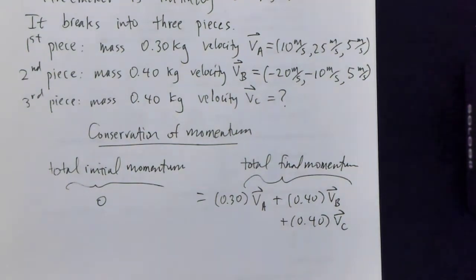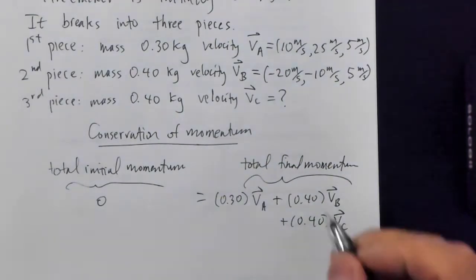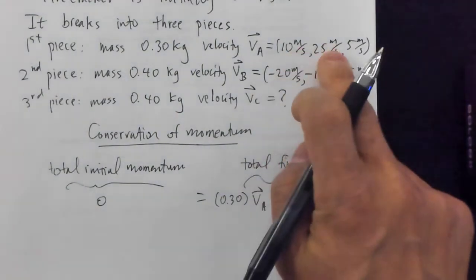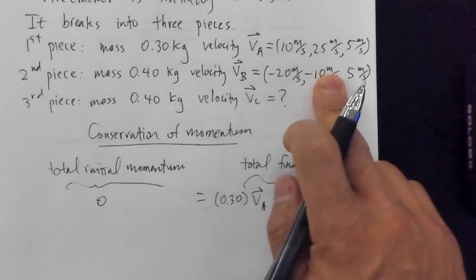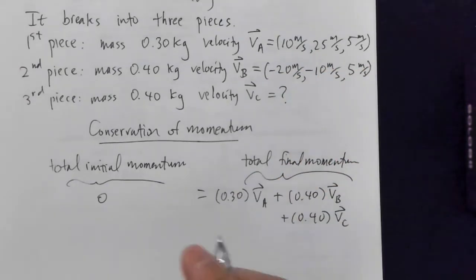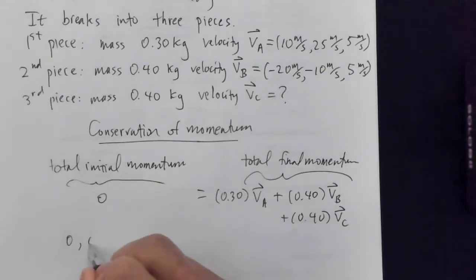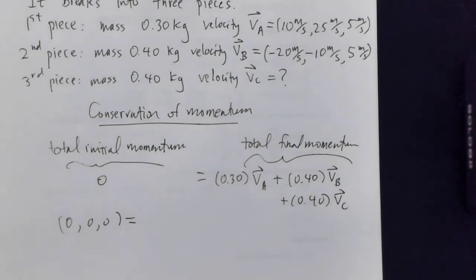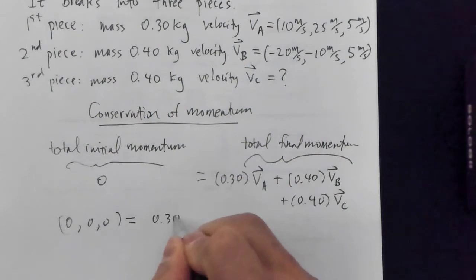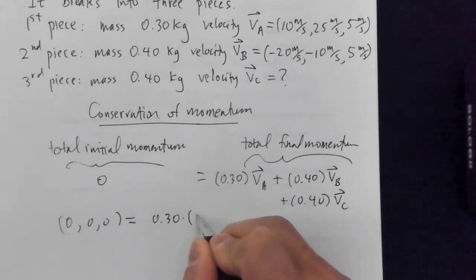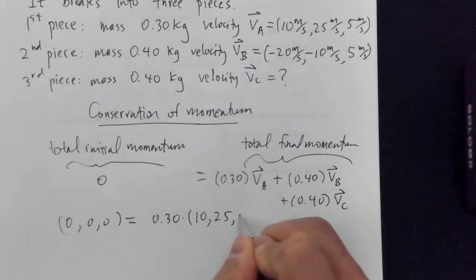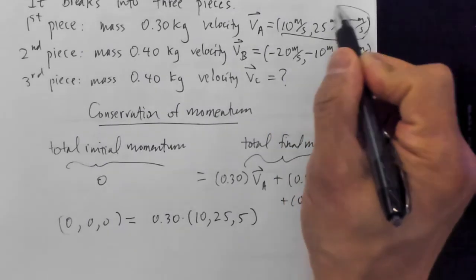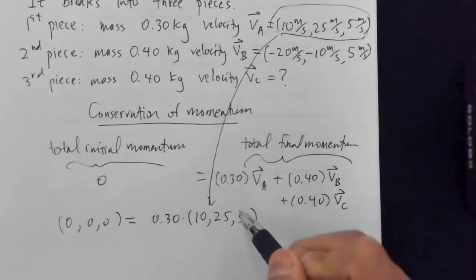Very good. Okay, now I'm going to do this using components. We have 10, 25, 5, negative 20, negative 10, 5. So I'll put these in. I have 0, 0, 0, because that's the 0 vector. Then I have 0.30 times each of these things, 10, 25, 5. So I'm just pulling down this vector here and putting it there.